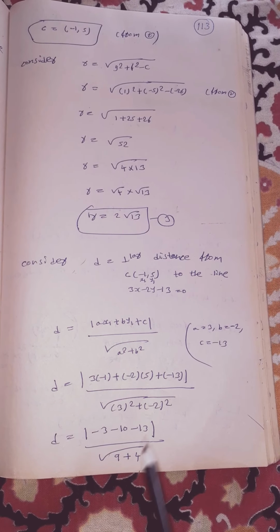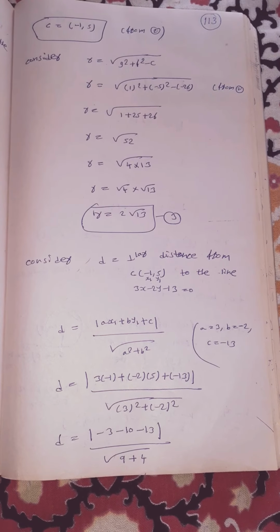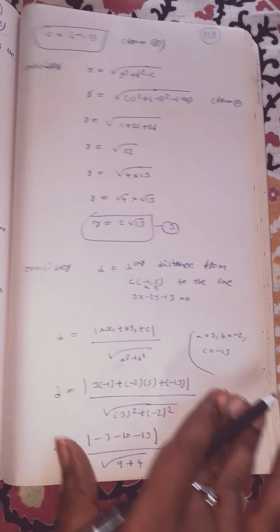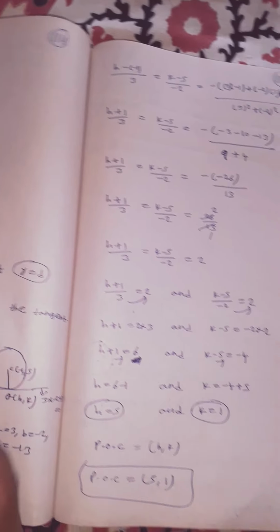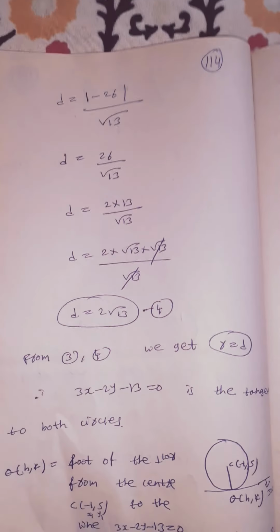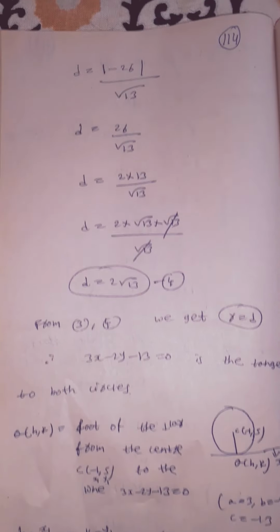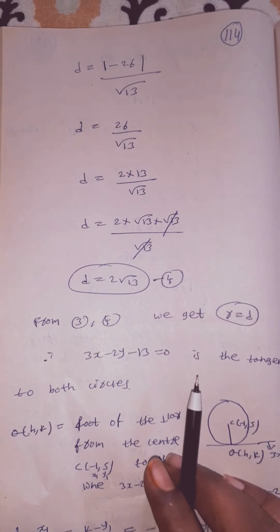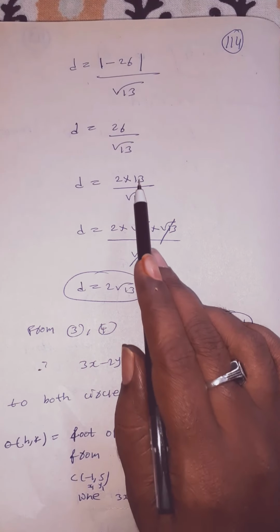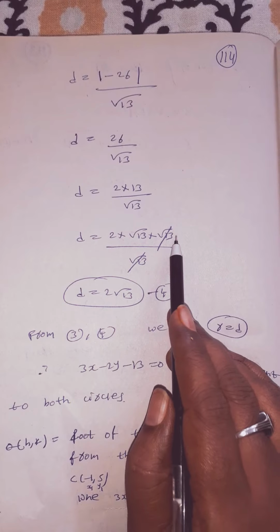So 3 square is 9, 2 square is 4. So minus 3 minus 10 minus 13 is minus 26, divided by 9 plus 4 which is 13. The modulus of a negative is positive, children. So 26 by root 13. This 26 can be written as 2 into 13, and 13 can be written as root 13 into root 13.